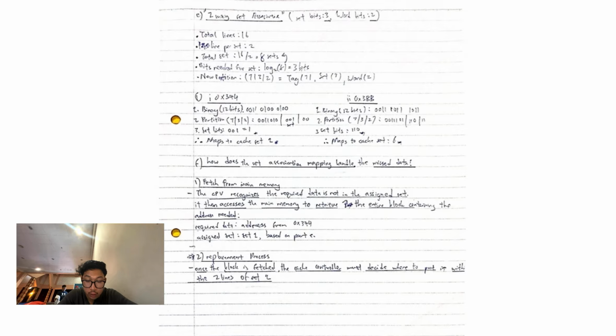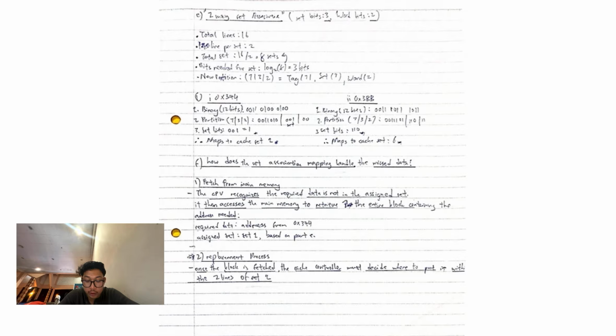So F, how does the set associative mapping handle the missed data? We have 2 ways. First one is fetch from main memory. The CPU recognizes the required data is not in the assigned set. It then accesses the main memory to retrieve the entire block containing the address needed.